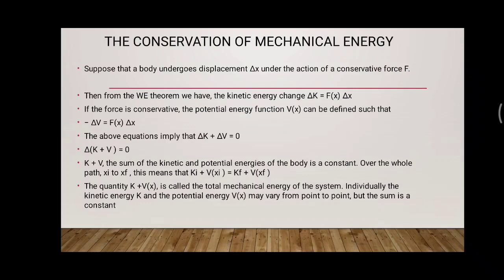The quantity K plus V of x is called the total mechanical energy. The sum of potential and kinetic energy is known as the mechanical energy. So throughout the system, if the force acting upon a particular body is conservative, the sum of kinetic energy and potential energy, that is the mechanical energy, will be conserved throughout the path.